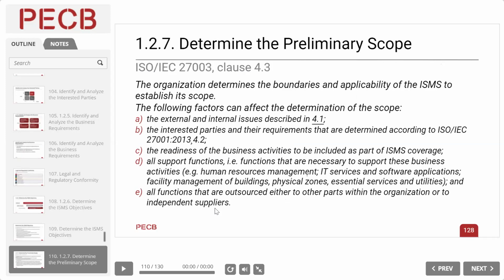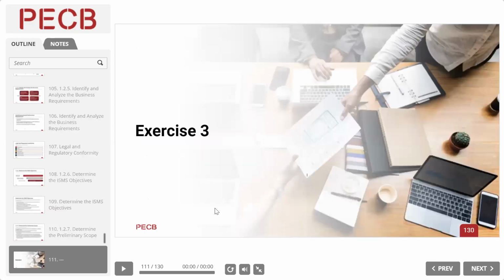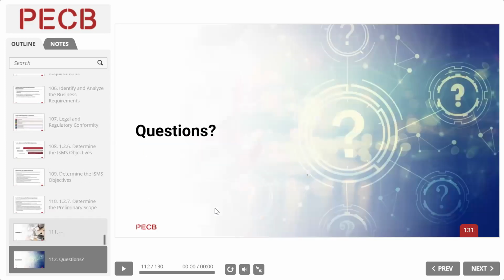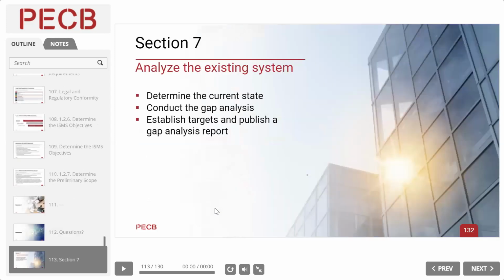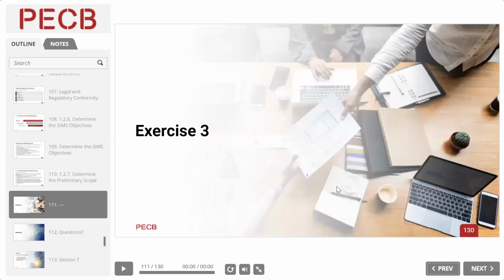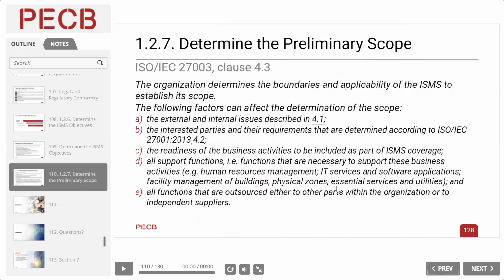We need to determine the preliminary scope of the ISMS. Sorry, let me just go back. We need to determine the scope of the ISMS. So the scope could be just the IT department.